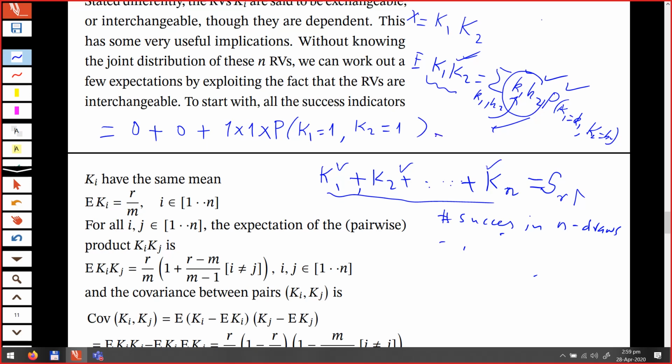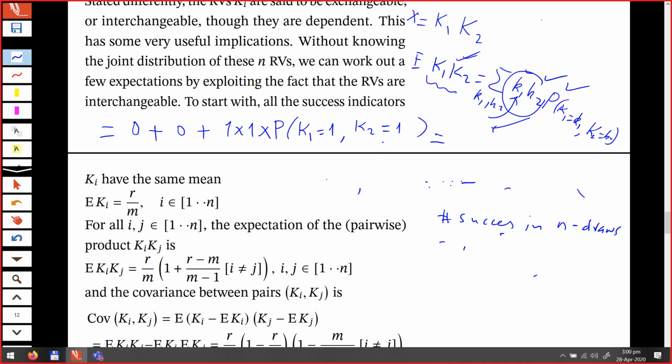Can anyone tell me what I get out of this? This looks complicated, but it's very easy. This is just a joint probability between the first two draws, a joint probability of two events.